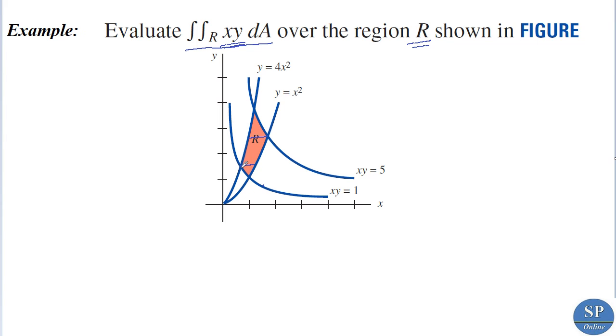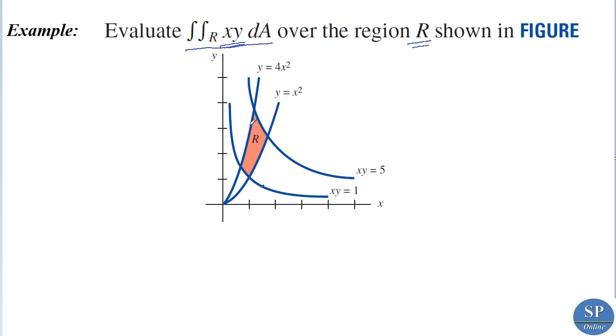So we have to split this region like this, integrate the integrand over these three regions, and add the respective integrals. But by changing the variables, we can find the integral simply.